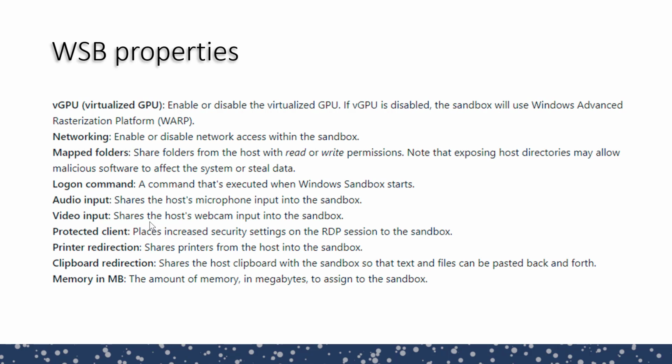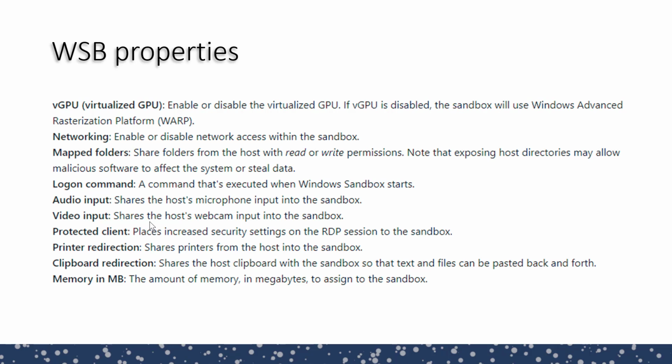VGPU allows you to enable or disable the virtual GPU. There are some properties for networking, which allow you to enable or disable network access within the sandbox from your host computer. You can add MappedFolder, which allows you to share a folder from your host computer to the Windows Sandbox.